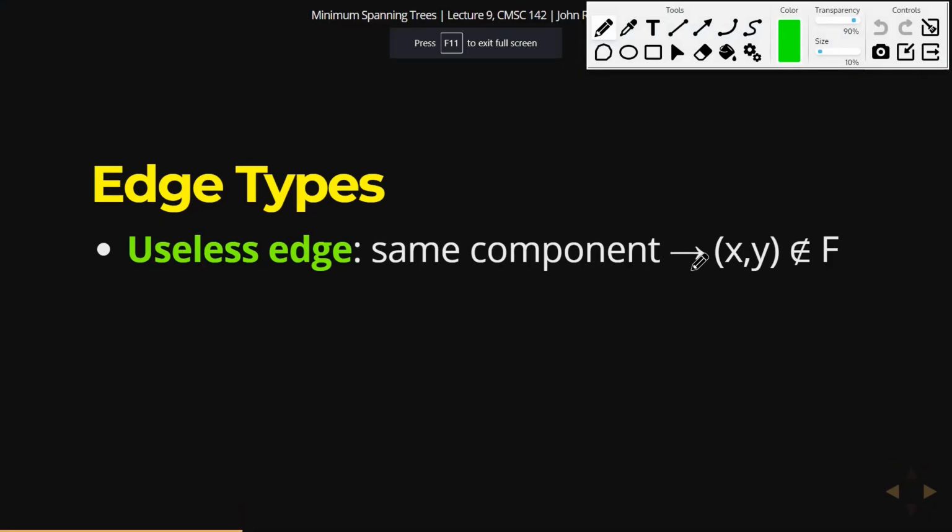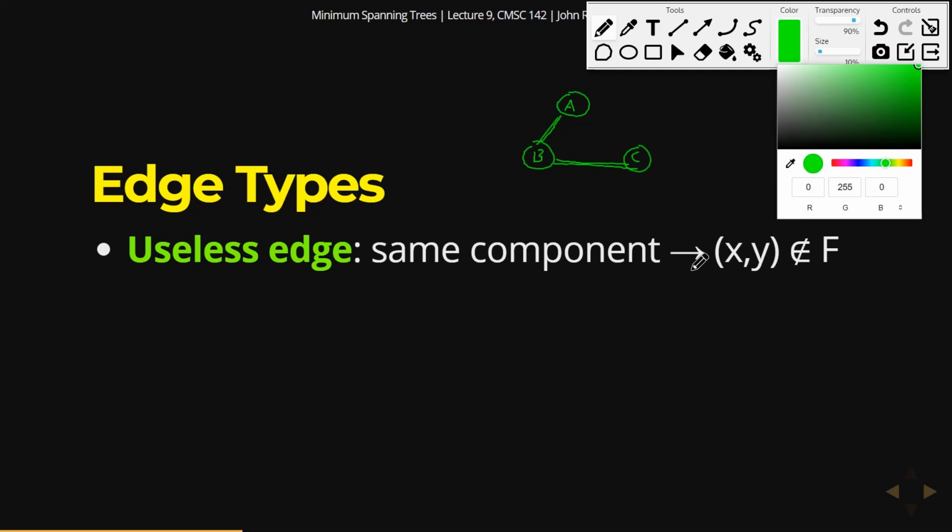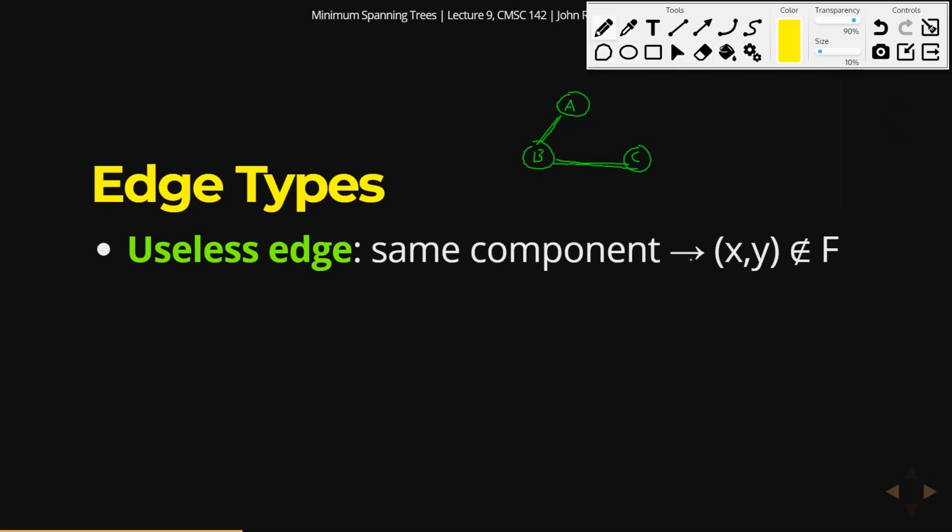So what do you mean by this? For example, let's say that A, B, and C are already connected. So we already made these two merges prior to arriving at this iteration. And let's say that we are considering the edge from A to C. Let's say this is the next edge that we'll consider. Should we add this to our MST? Should we merge these two as well?